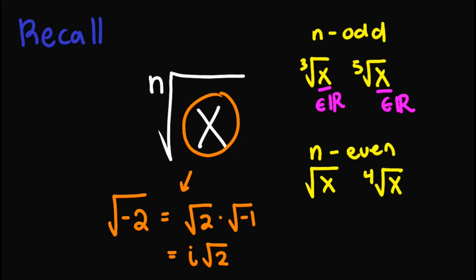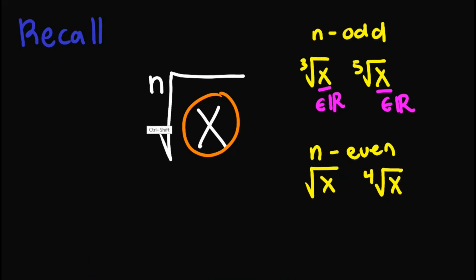And since we're dealing with real numbers here, we can't consider this as part of our solution. So the expression inside must be greater than or equal to 0, since it can't be negative. We'll use this idea in finding the domain of radical expressions.